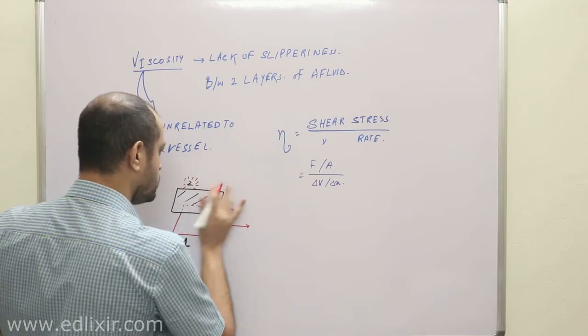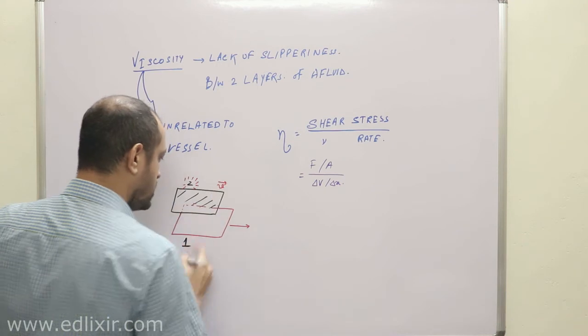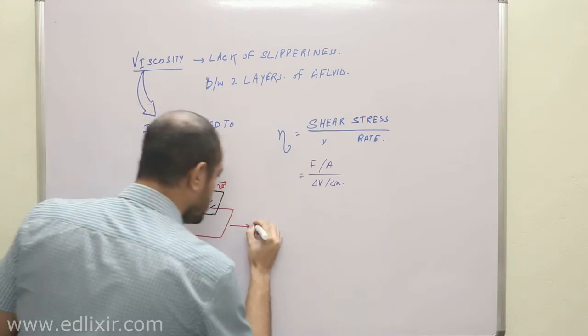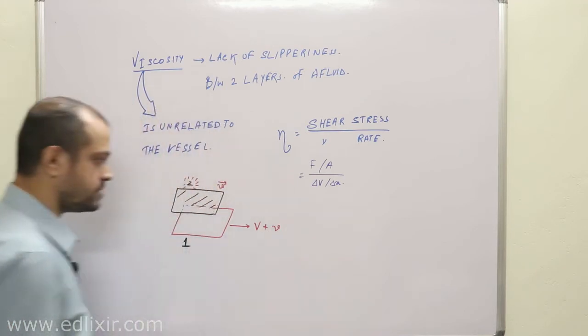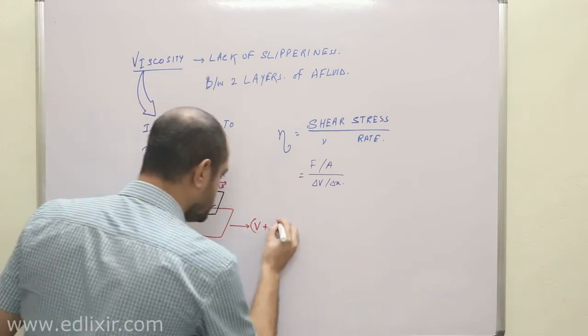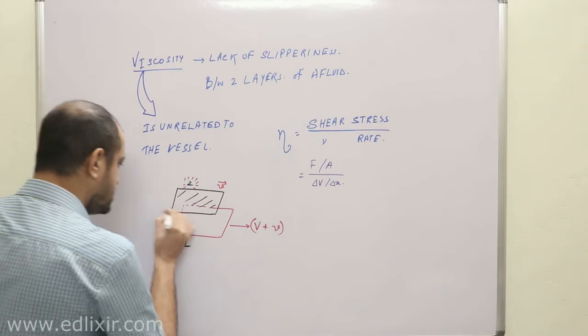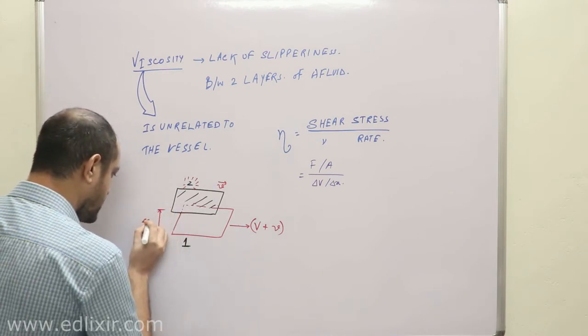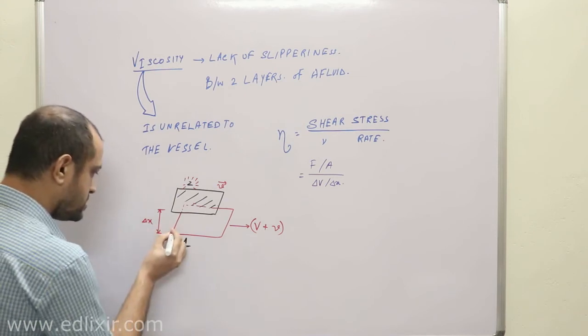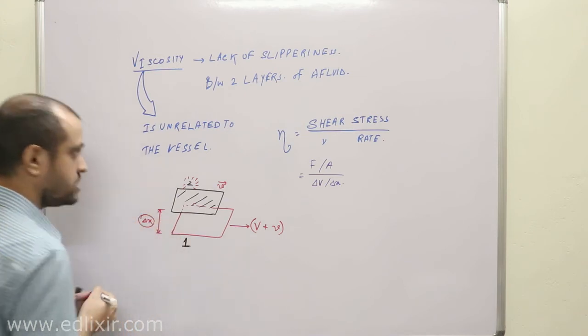Then this page must be moving with a velocity of v plus small v. Clear? Now listen, the distance between these two sheets is, suppose, delta x.